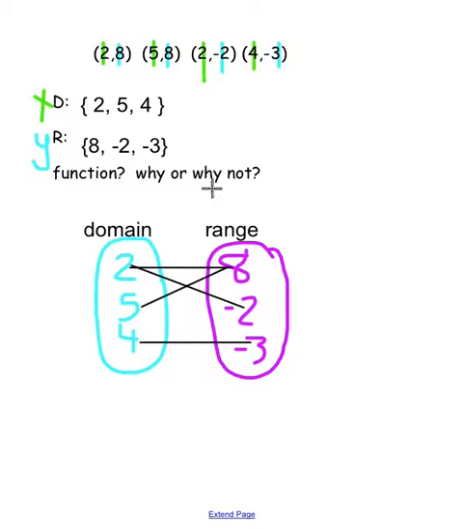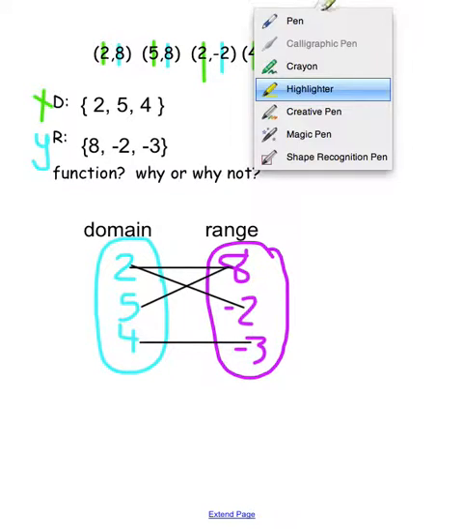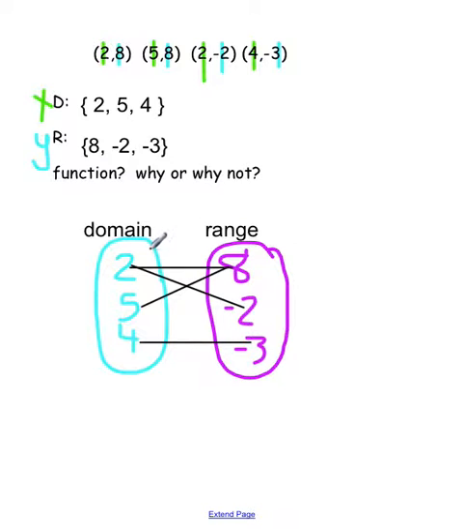Here's the problem. 2 goes with 8 and -2. You can't have that. So here's the problem right here. You can only have one x with one y.